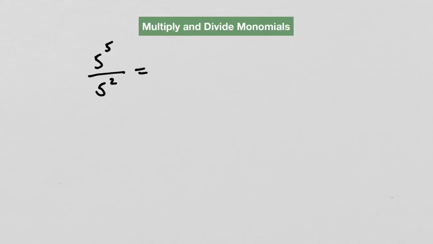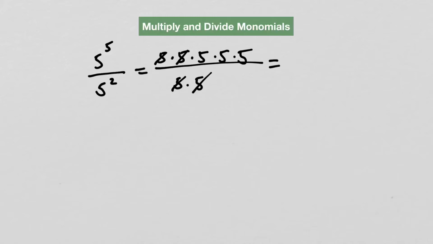Well, that is equal to, the numerator would be 5 times 5 times 5 times 5 times 5. 5 of them. And the denominator would be 5 times 5. Okay, we can cancel some numbers out, right? So this one cancels this out, this one cancels that out. Now we're left with 5 to the, how many? 1, 2, 3. 5 to the 3rd power.